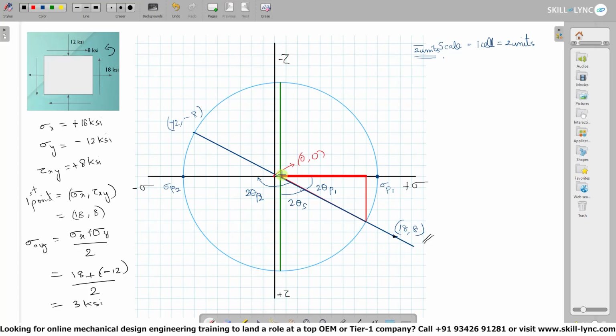Now this point is going to be our center point, which is 3, 0. This is going to be our average stress, which is 3. Now we'll call this point C. Our next step is to figure out the radius of this circle. So this is going to be our radius.